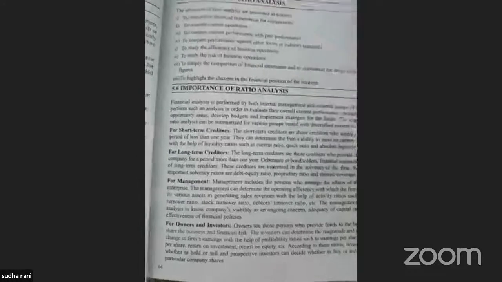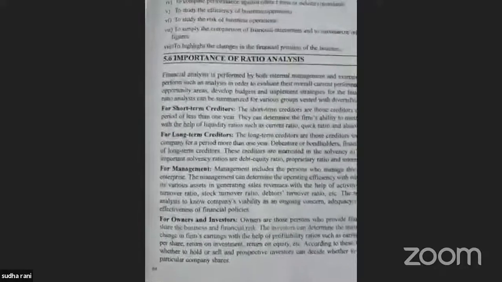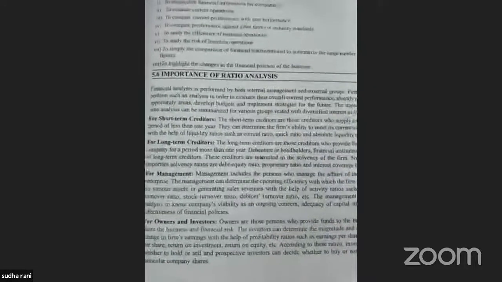And why do they use it? As owners and prospective investors, for what purpose do they study the financial statements through ratio analysis? Because as a prospective investor, I would like to invest in your company.